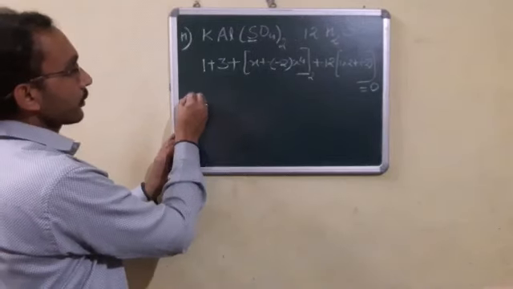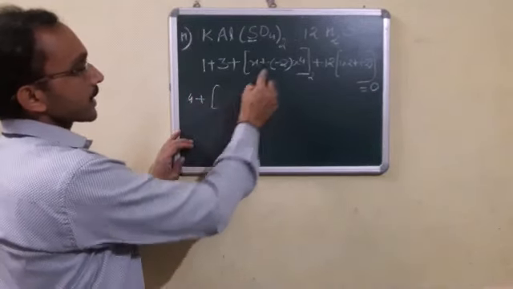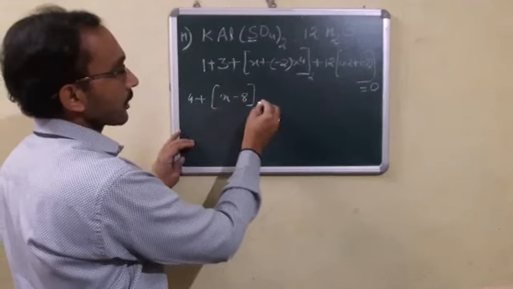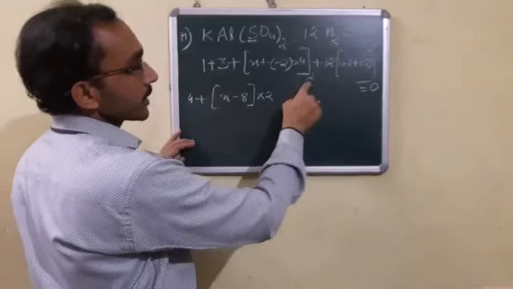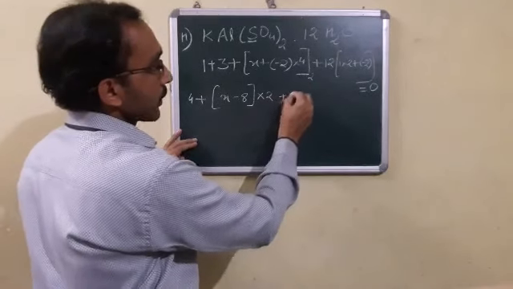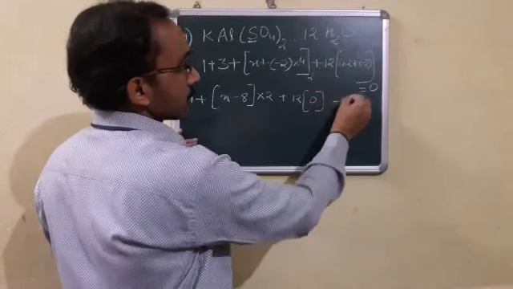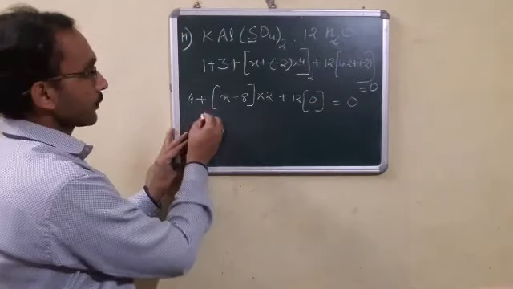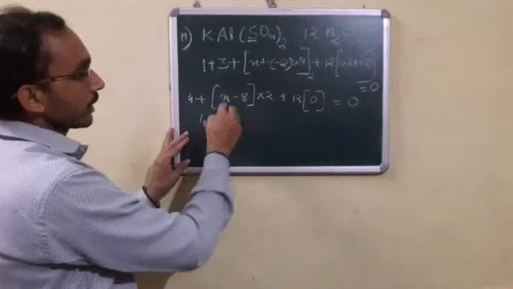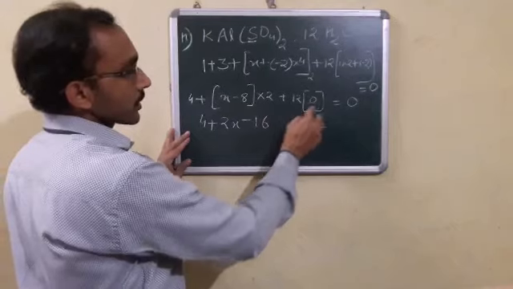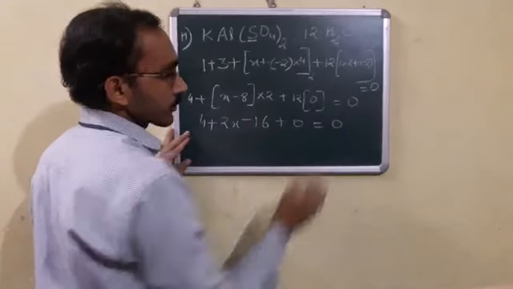Now it is 3 and 1, 4, plus X, 4 multiplied by minus 2 is minus 8. Outside the bracket it is into 2. Into 2, plus 12 times 2 minus 2 is 0, is equal to 0. Now it is 4 plus 2 multiplied with X, 2X, 2 multiplied by minus 8, minus 16, plus 12 times 0, is 0, is equal to 0.